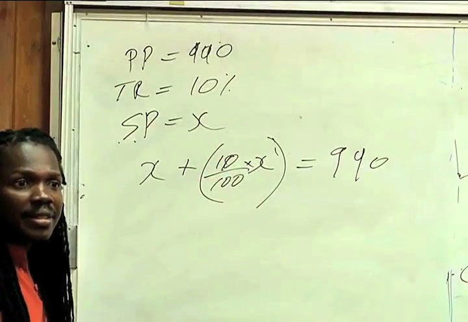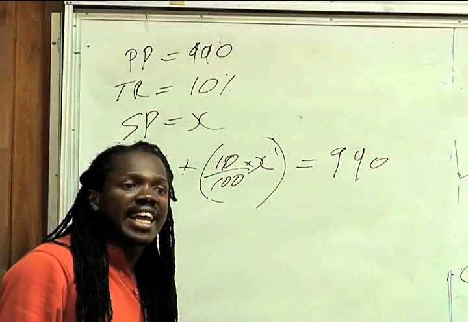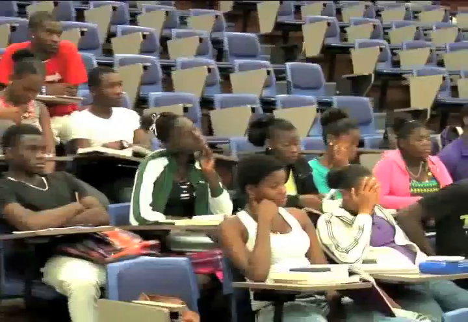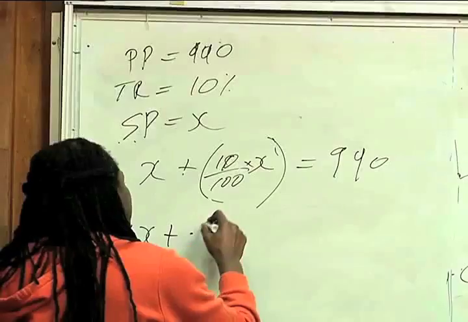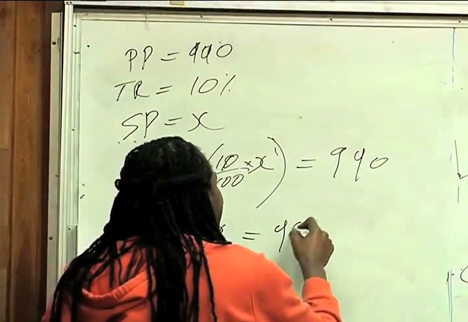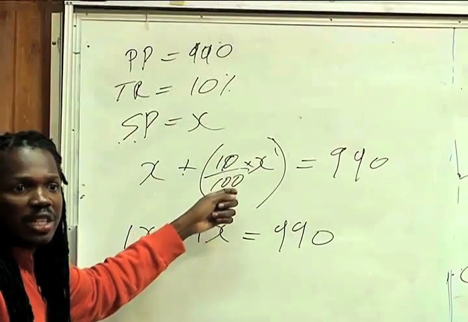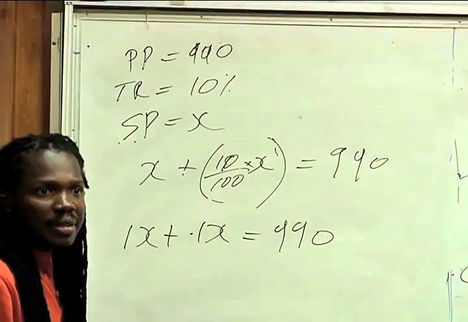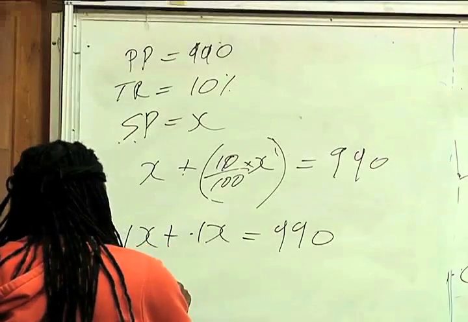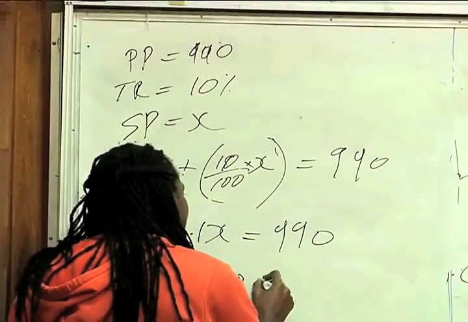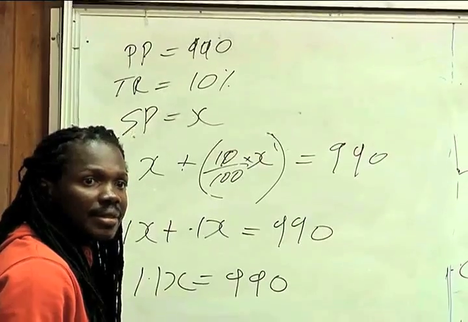So I said the selling price plus 10% of the selling price makes you pay $990. Everybody understand that? So it means that 1x plus 0.1x equal 990, not true? 10 over 100 is equal to 0.1. 0.1 times x, now 0.1x. So that means you find 1.1x equal 990. Everybody see that?